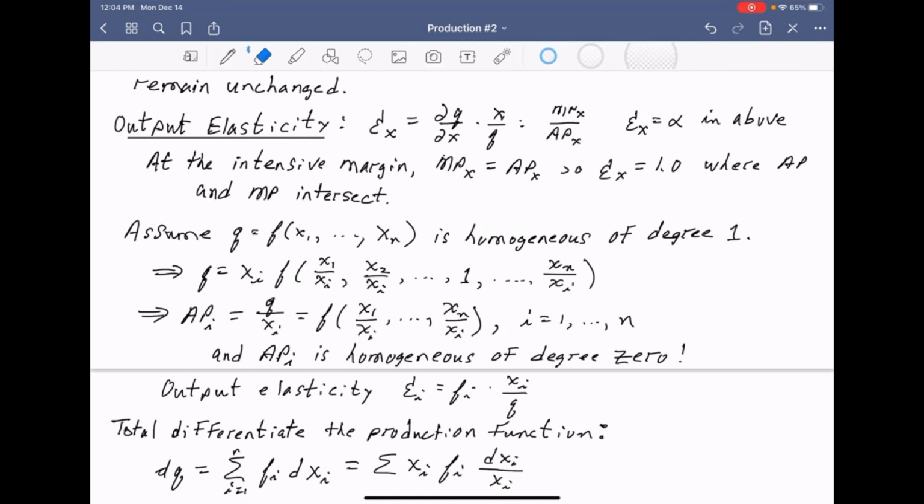So these two are equal. Assume that Q is equal to a function of X's and is homogeneous of degree 1. Then we can divide by xi: we divide the production function by xi, and we multiply it by xi at the same time to keep this equal to the original equation here.